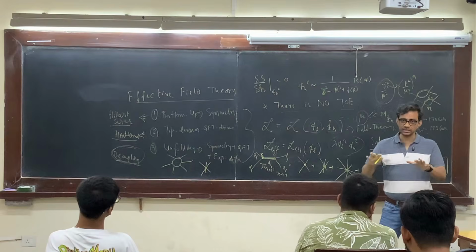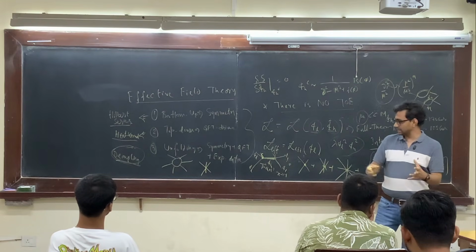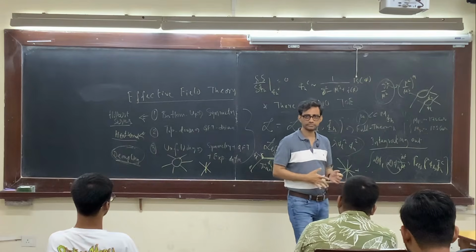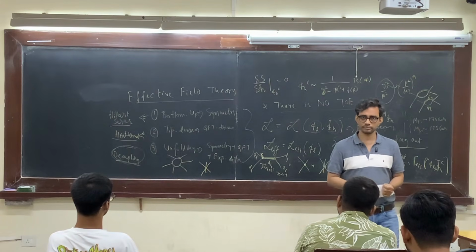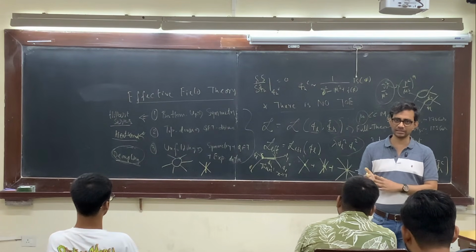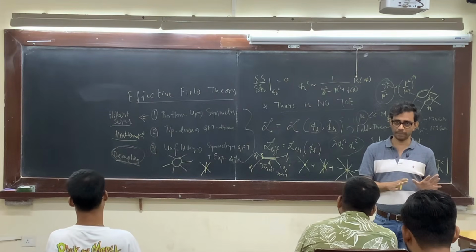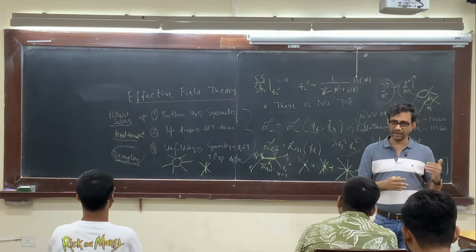If I'm working in 3 plus 1 dimensions and I compute this diagram, this will be finite. A diagram like this, that is divergent. What do you mean the diagram like this is divergent? This is convergent for phi 4. No, phi 4 will have a divergent part because it's a marginal operator and relevant operators.